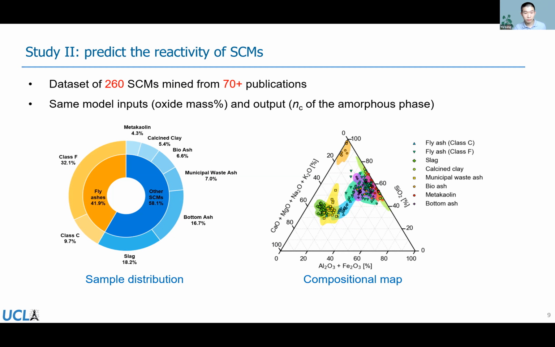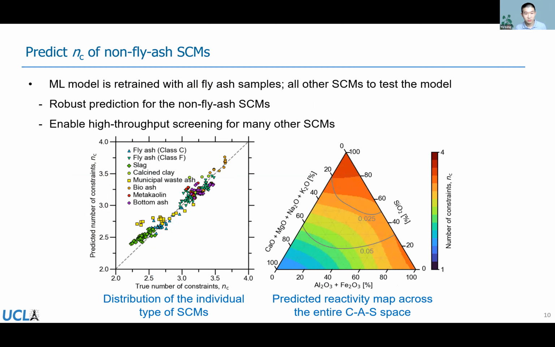And again, we turn to the model construction. In this case, we are not using a certain portion, but we are using all the flash materials to train our model. And we use another 6 types of non-flash materials to test the model performance. The plot at the left is the performance.